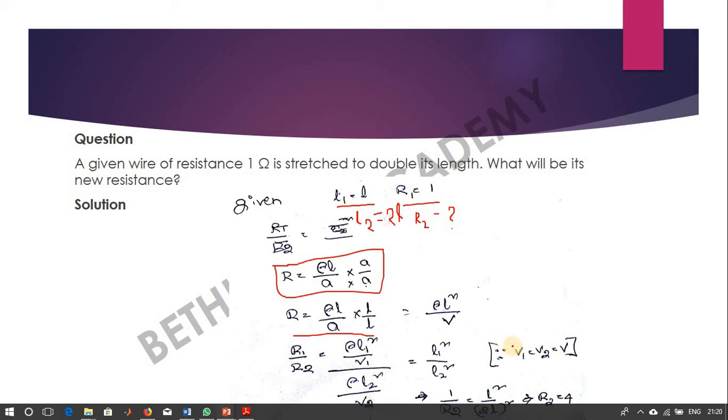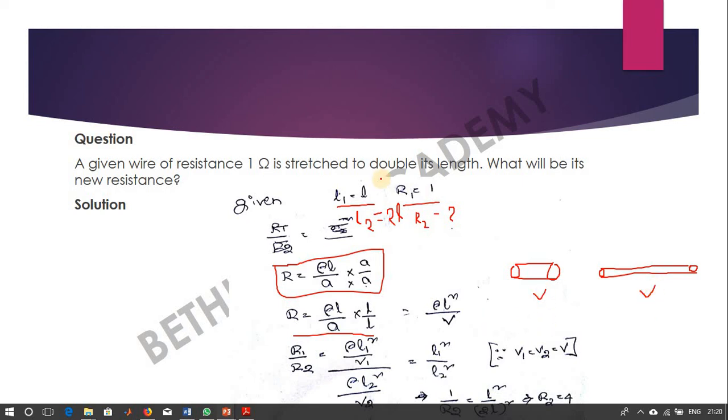But I know my initial volume and final volume are same, because after all I am stretching the length of a wire. So for example, if I have a wire of this much cross section, and then I stretch that wire, its length will increase, but at the same time its cross sectional area will decrease, however overall volume will remain same, because the material is not lost.